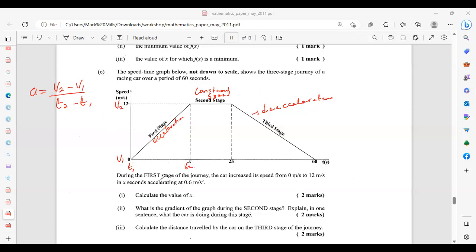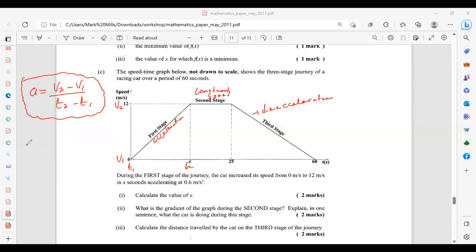So they gave us the information that during the first stage of the journey, the car increased its speed from 0 to 12 meters per second in x seconds. We don't know that x. The acceleration is 0.6. So first of all, they gave me the acceleration. I'm going to substitute the values to find x. They say calculate the value of x for 2 marks. First of all, all of us have to know this acceleration formula, after which we can use it to find the value of x.